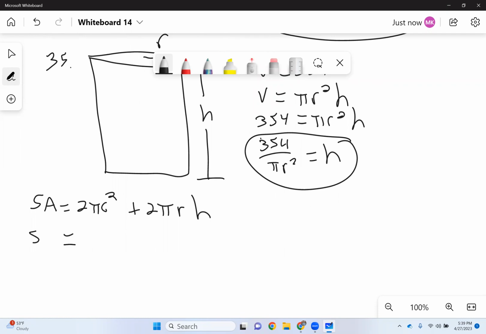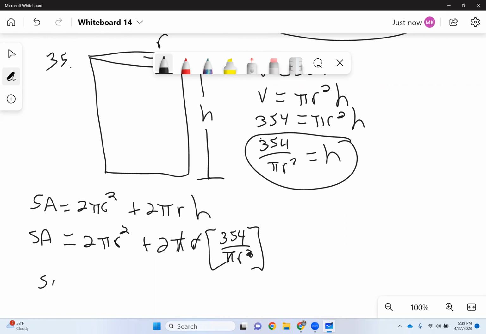So surface area is 2 pi r squared plus 2 pi r times 354 over pi r squared. So this r is going to cancel with one of those. The pi's are going to cancel.